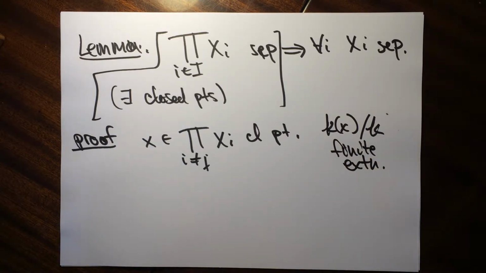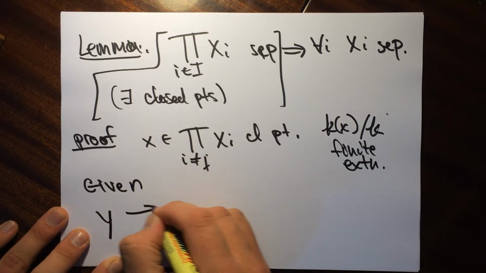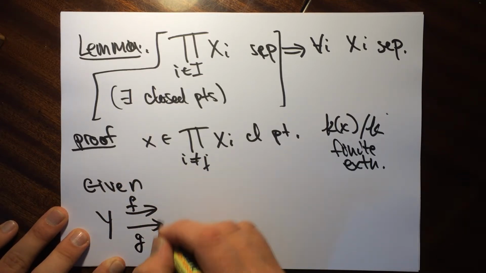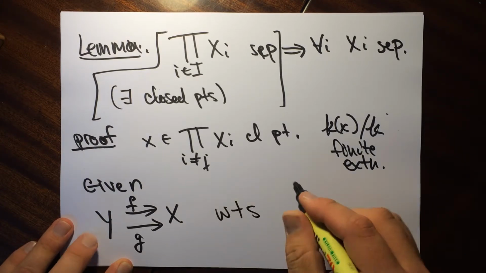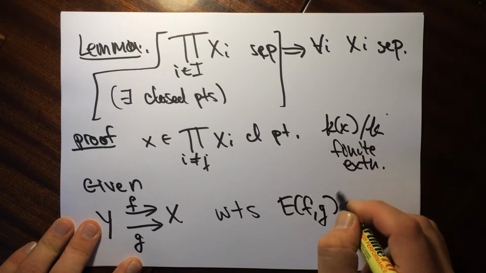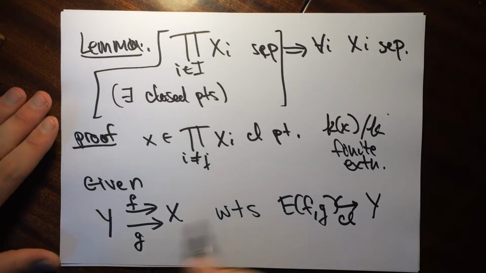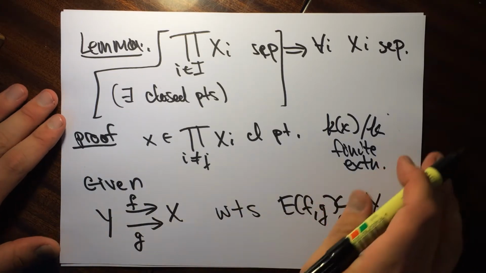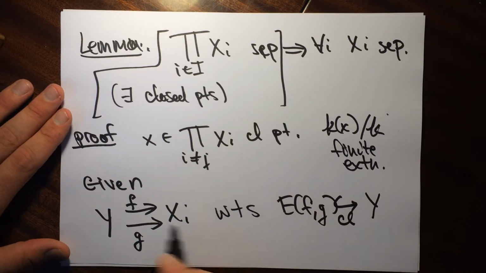Okay, so what we need to do is that if we're given some kind of equalizer diagram here, we want to show that we have a closed immersion here. So this is what we need to prove, to show that for each xi, this is separated.